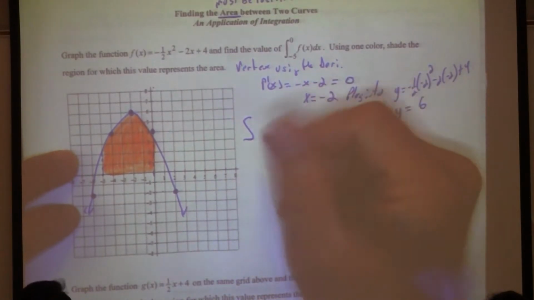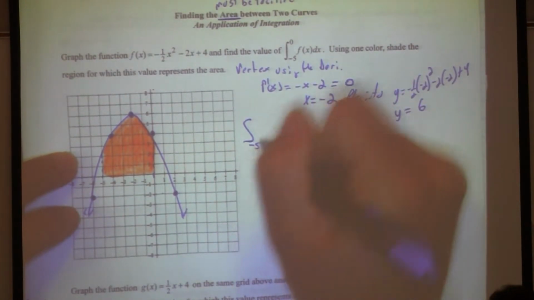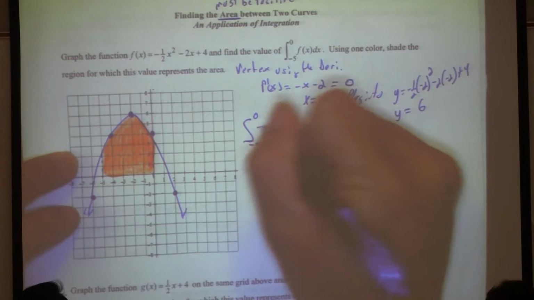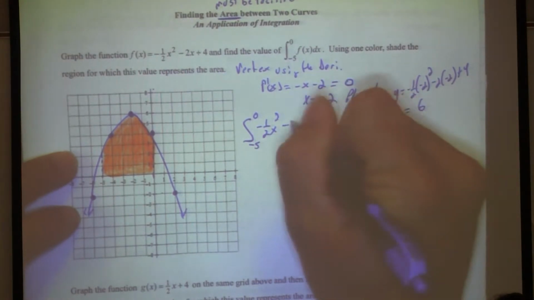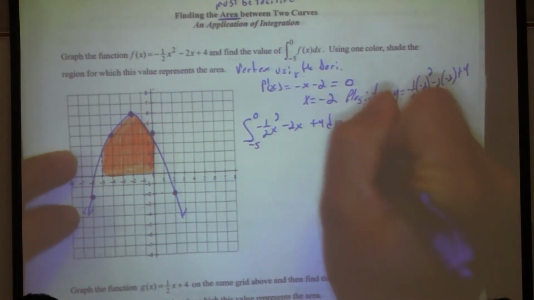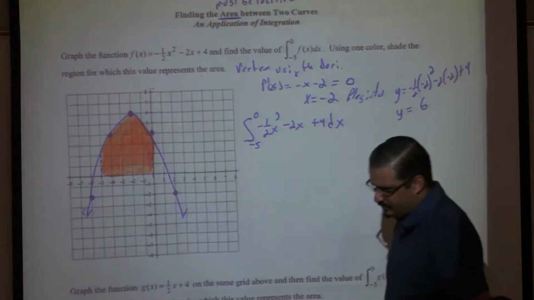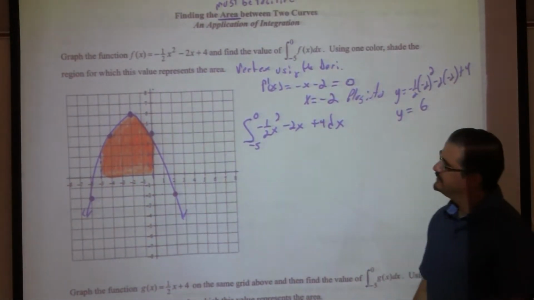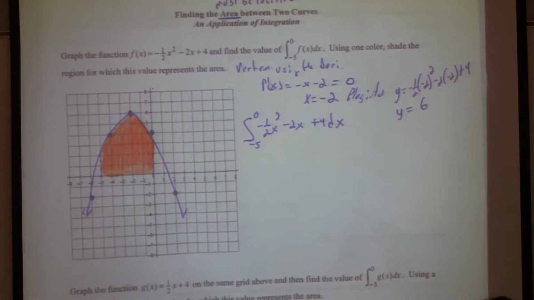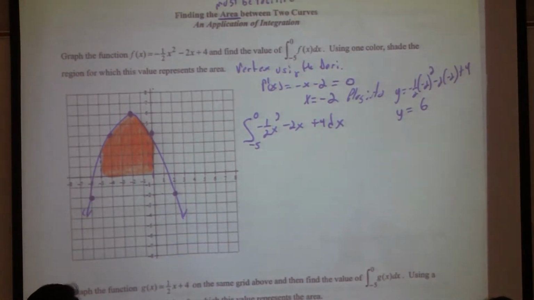Let's actually calculate that area from -5 to 0 of -1/2 x squared minus 2x plus 4 dx with respect to x. What's the antiderivative of this?